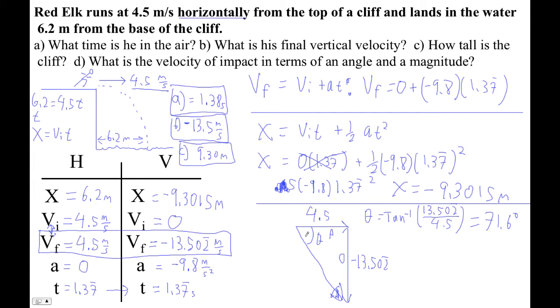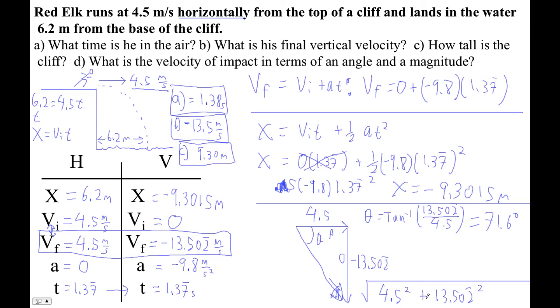And then we can find the magnitude of that. That's going to be the speed of it, right? So the magnitude of this velocity vector is the square root of 4.5 squared plus 13.502 repeating squared, okay? Don't put the minus sign in here. I promise you it'll get you into trouble because TI calculators are curious when you square negative numbers.